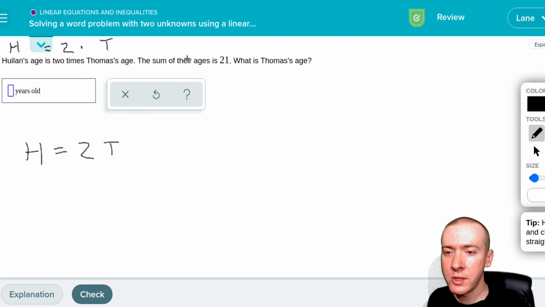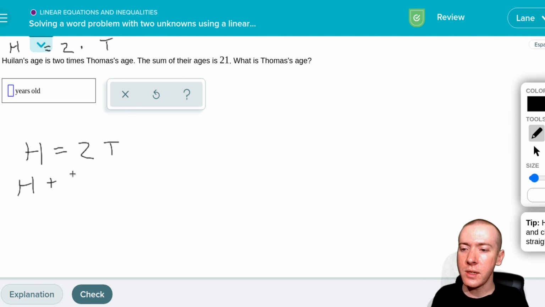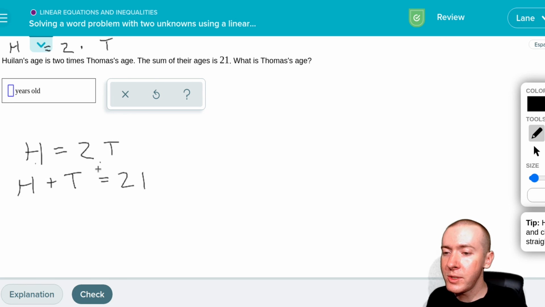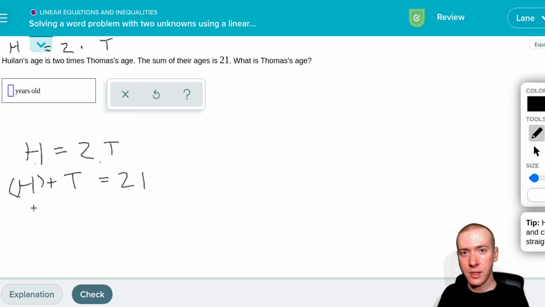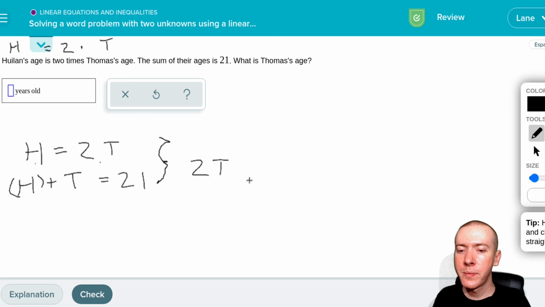The next sentence gives us another equation. The sum of their ages is 21, so H plus T is 21, right? That's what sum means. What is Thomas's age? All right, since H is 2T, we can replace this H right here by 2T. So if we combine these two equations, we could write 2T plus T equals 21.